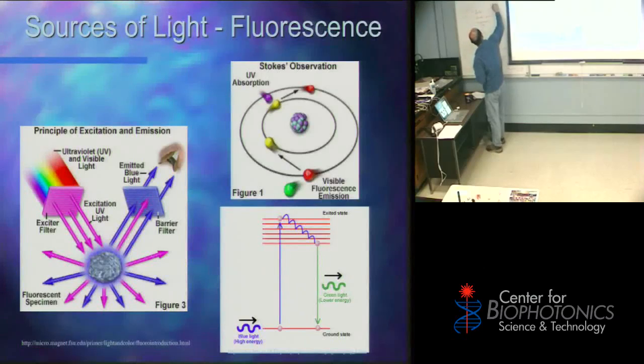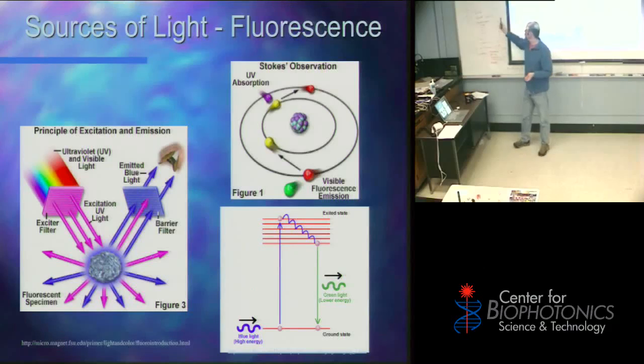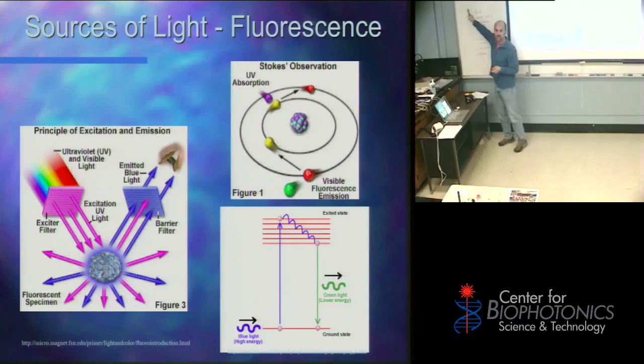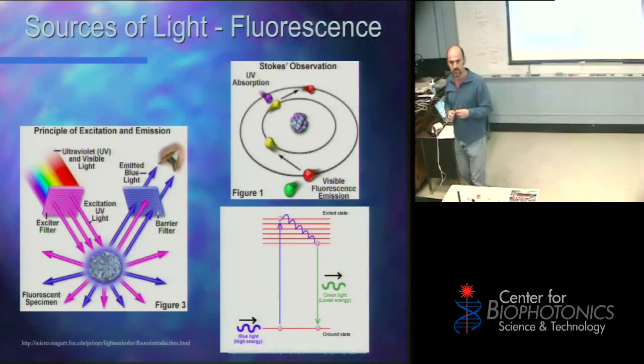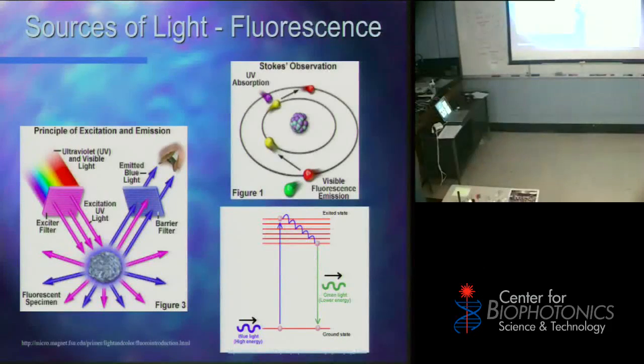And this is high. So whatever color I use to excite with, if I use blue, I can get the colors that are of lower energy. If I use red, I can't get any of these. I have to go to infrared. Okay? If I use ultraviolet, I could get all of these. Okay? That's how I like to remember it. If I'm ever confused, that's what I go back to. Okay? That's the easiest way to think about it.